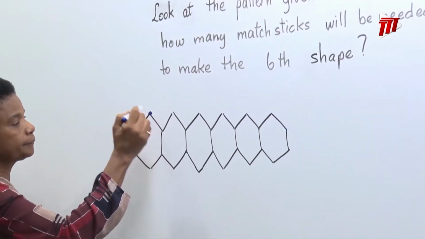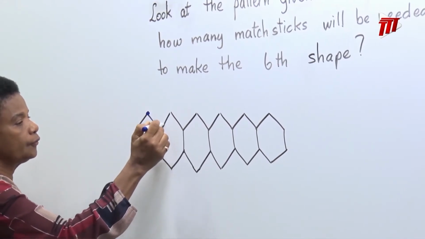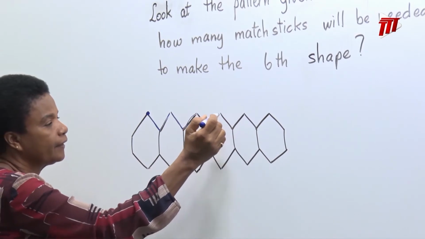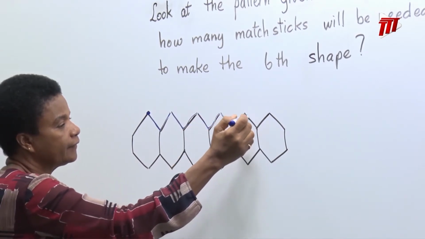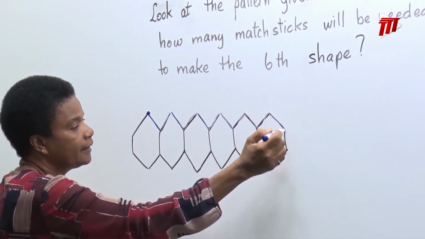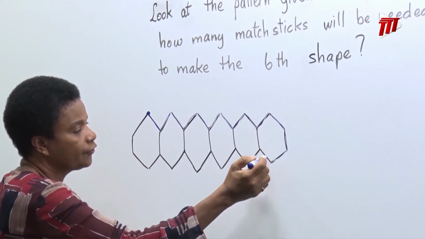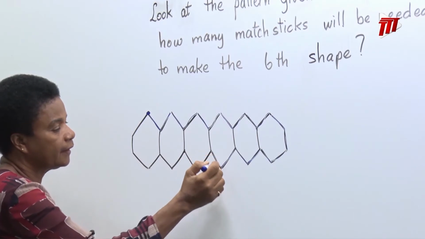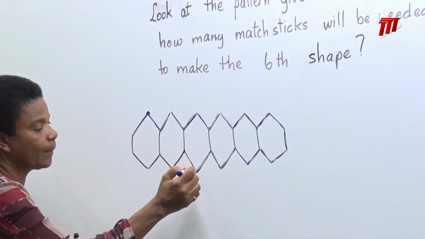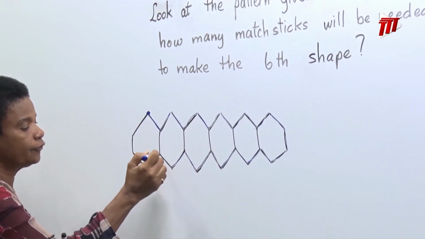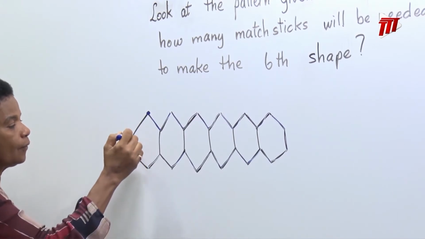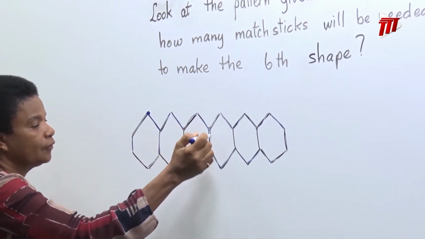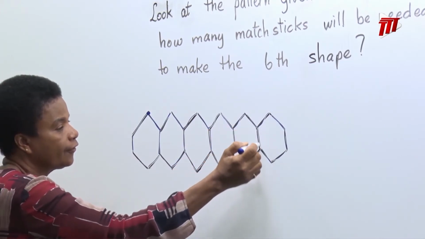Starting here, 1, 2, 3, 4, 5, 6, 7, 8, 9, 10, 11, 12, 13, 14, 15, 16, 17, 18, 19, 20, 21, 22, 23, 24, 25, 26, 27, 28, 29, 30, 31.